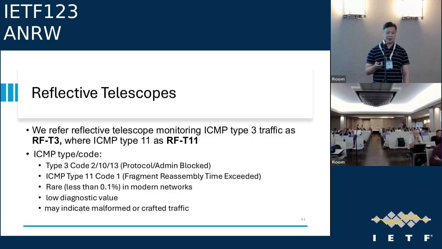For the ICMP type 11, we capture the RFT11 for the ICMP type 11 code 0. There are other type and code pairs, but because they rarely exist in the modern network, we simply exclude those packets.